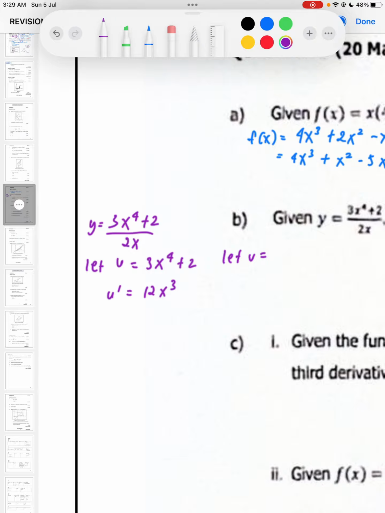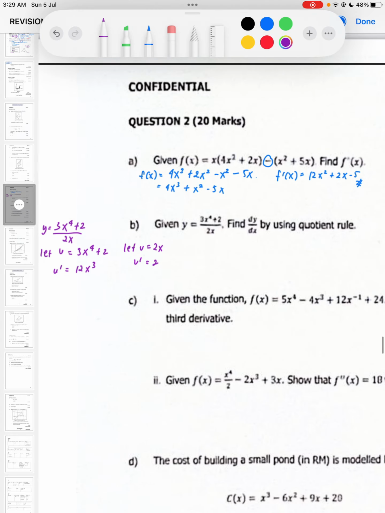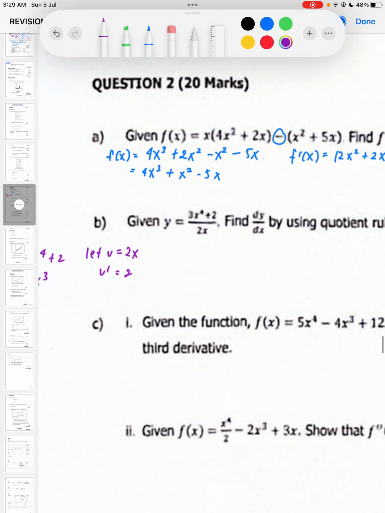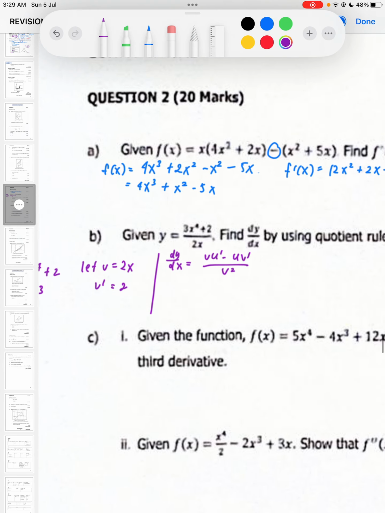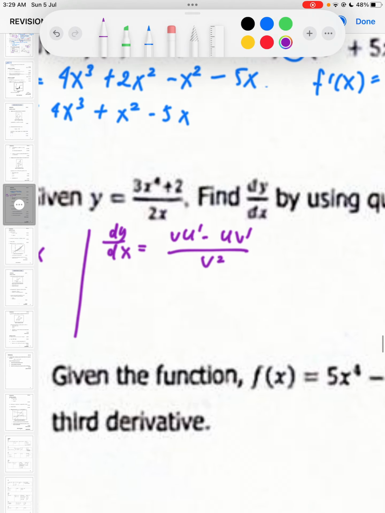Okay, then I will let v equal the denominator, which is 2x, and then v prime is just going to be 2. Okay, so now we can actually use the quotient rule by doing this. dy/dx equals, the formula is v u prime minus u v prime over v squared. Right, yeah, I think so.